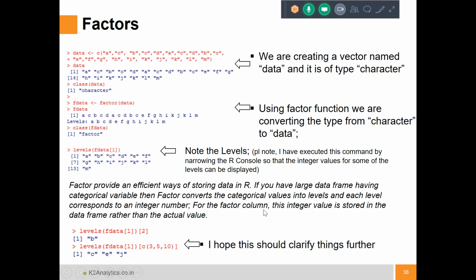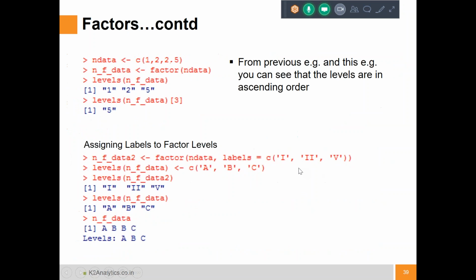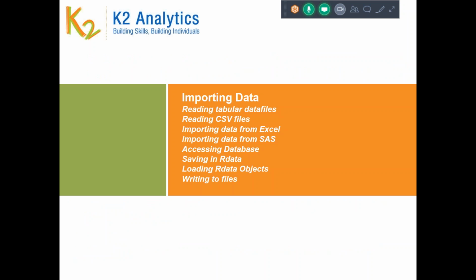The concept is understood, and we'll see factors as we import some data. By default it is a factor, and you have to override it. Columns which can be categorized in some shape or form can be converted to categories. So we'll take a break here. After the break, we'll see how to go about importing data.